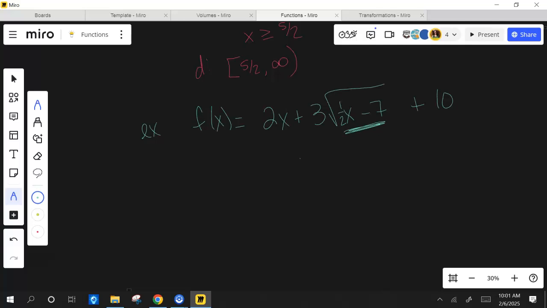Well, I'm going to take just what's under the radical and set it greater than or equal to 0, and I'm going to solve that for x. Add 7. Multiply by 2. You can divide by half, same thing. So the domain, yeah.